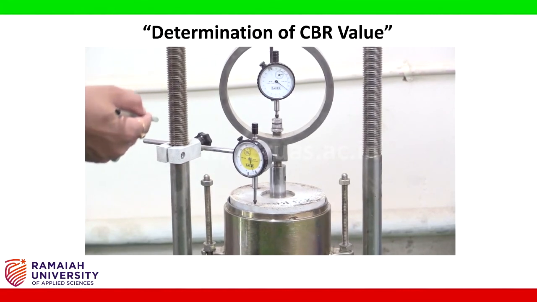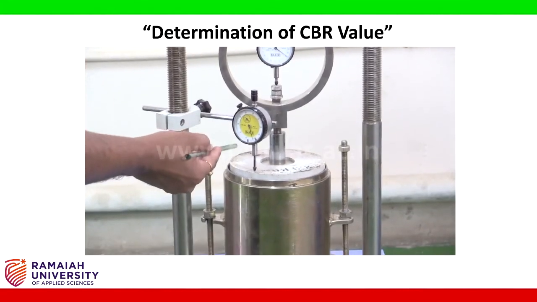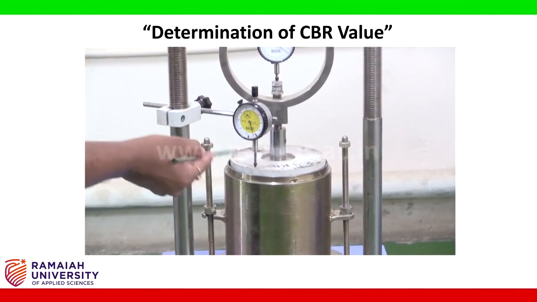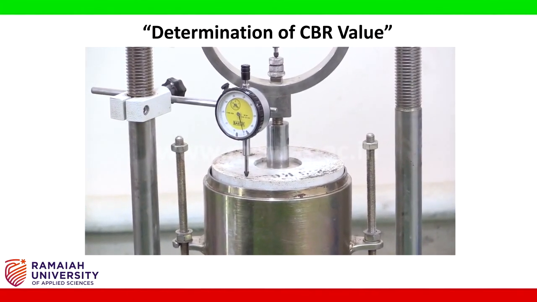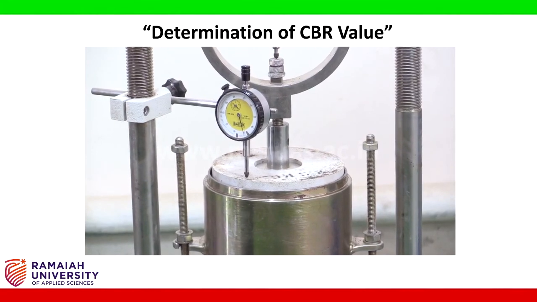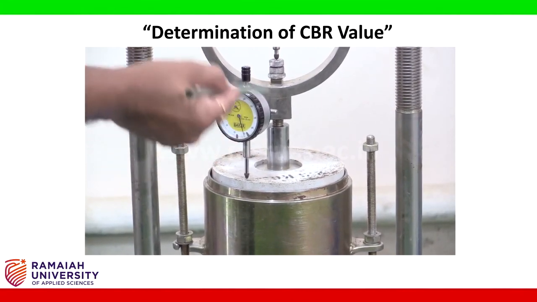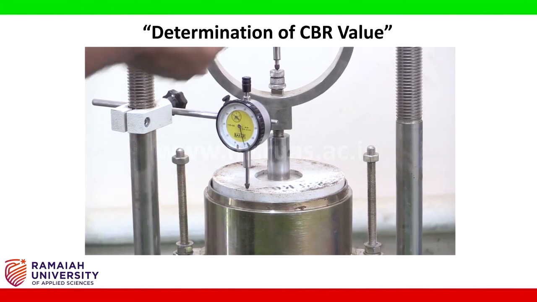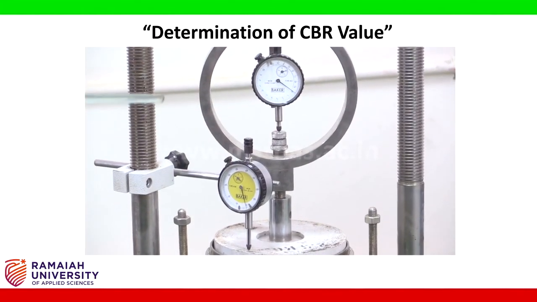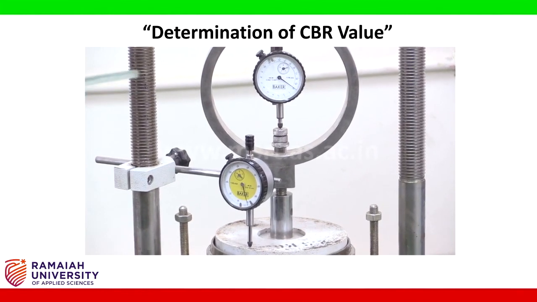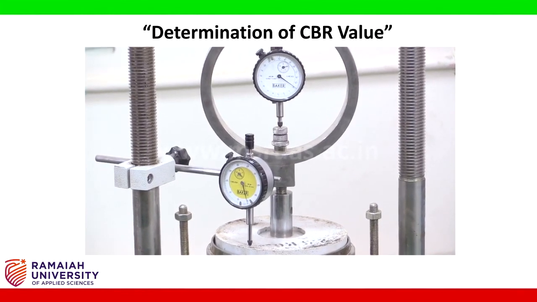We need to keep in mind that we need to follow the respective deflection readings specified in the tabulation column of the manual. Corresponding to the respective deflection, we need to note down the load dial gauge reading, and then we can continue with the calculation process.